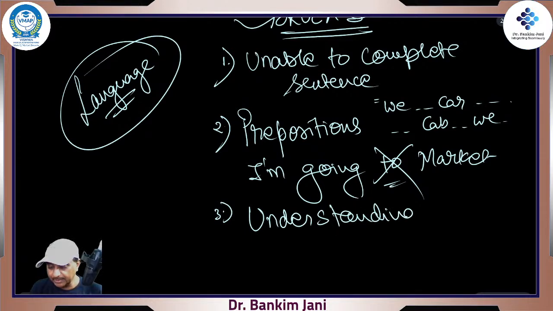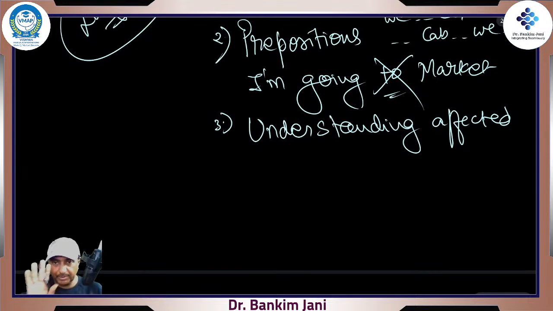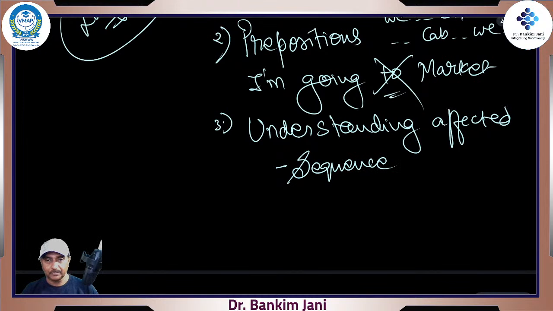And this is affected in a very strange way. Extremely strange. These people will not be able to do four things, or they'll find it difficult to do these. One, the sequence. You give them the sequence, right?